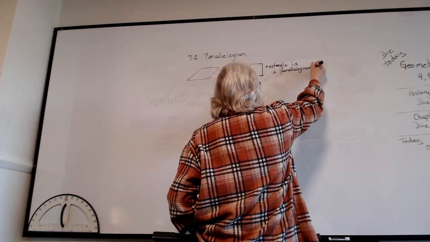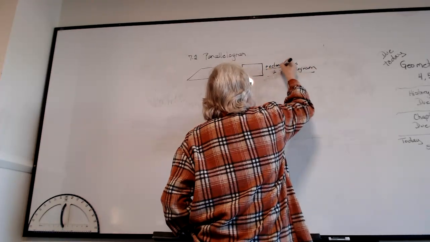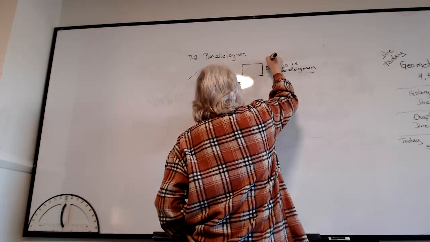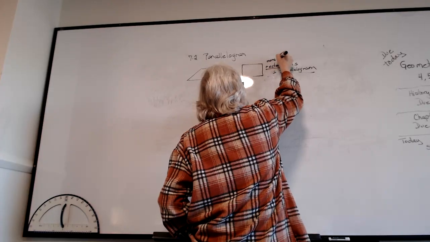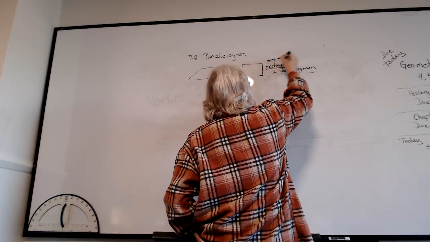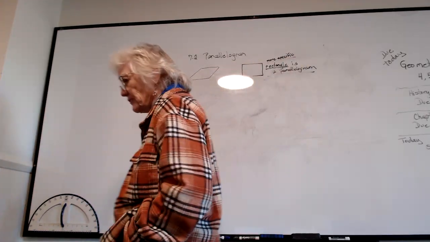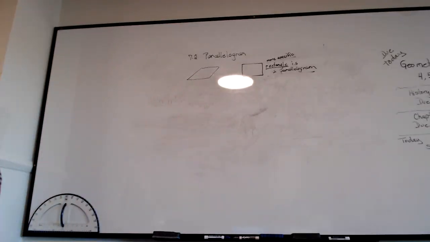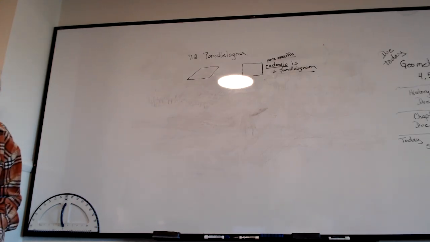But we don't usually refer to it as a parallelogram because rectangle is more specific, because it has all 90-degree angles, it's equal angular, whereas any other parallelogram is not.